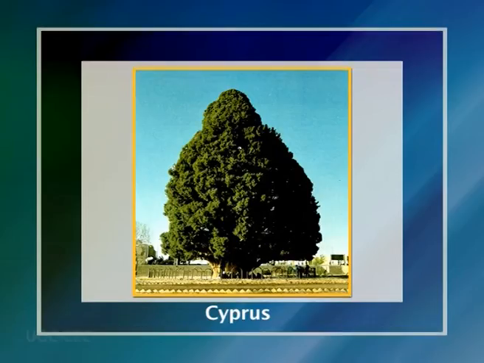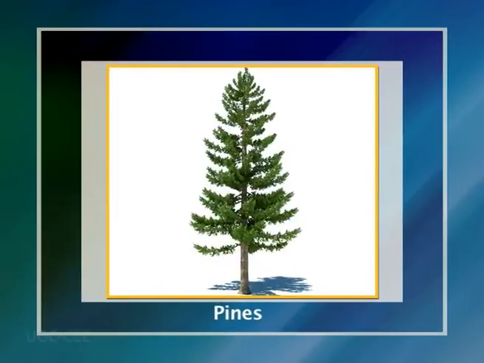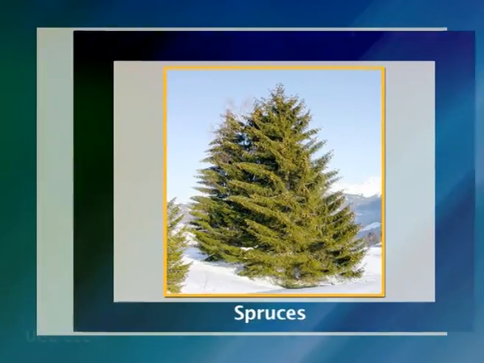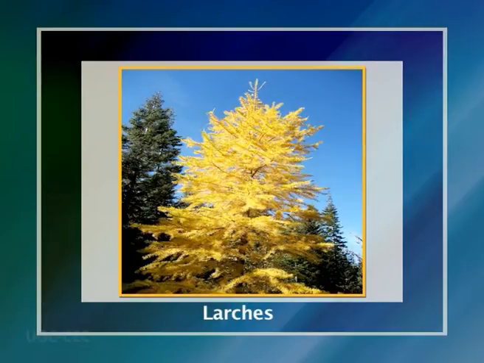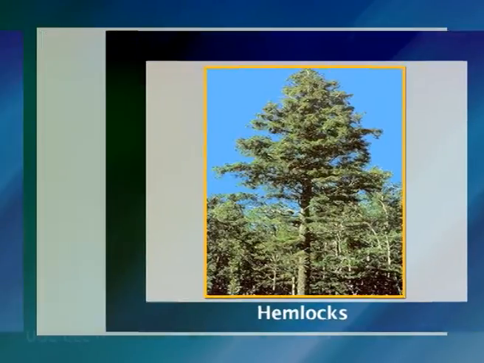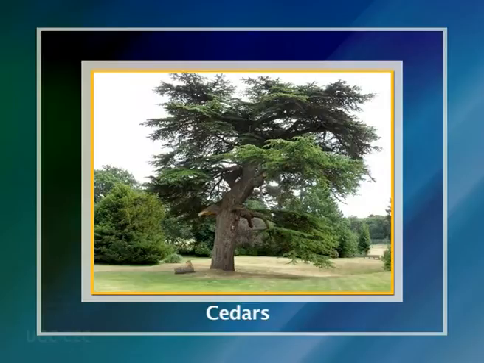Amongst gymnosperms, more than 600 tree species occur in three families, which include Equisetaceae, which mainly includes cypress and the junipers, then Pinaceae, which includes pines, spruces, even the larches, hemlocks, firs, cedars, and so on.